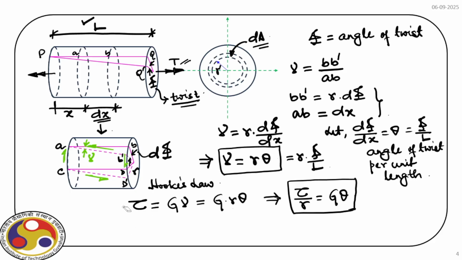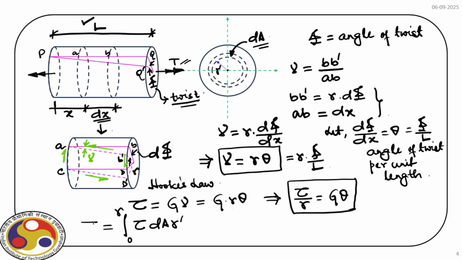Now the force developed over that ring is tau times dA, that is the force, and multiplied by r prime is basically the torque that is developed because of this stress over this dotted portion of the circular shaft. And if we integrate this from 0, that means from center to the extreme fiber which is at r, then what we get?